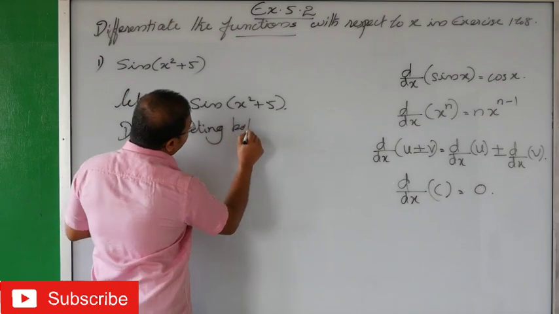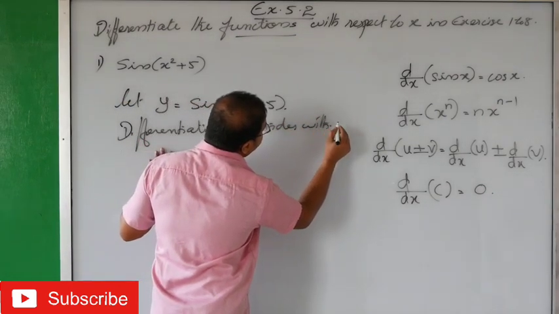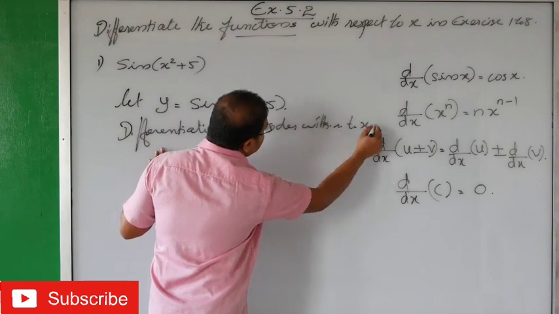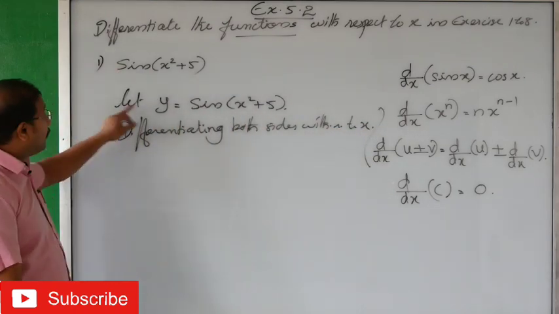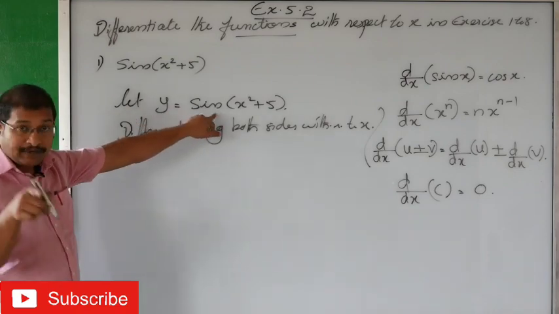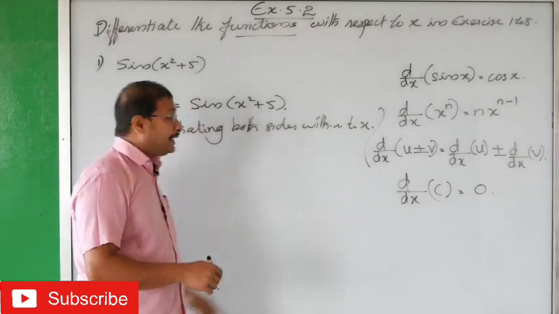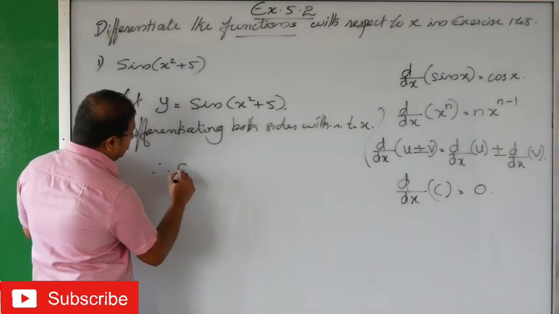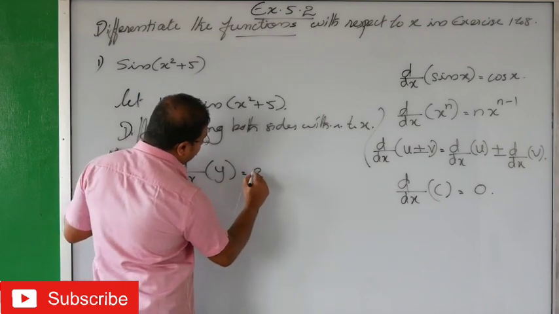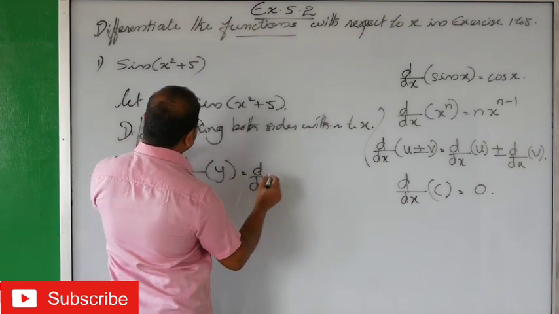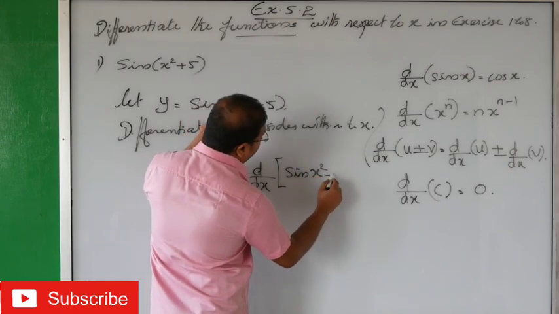After that, differentiating both sides with respect to x. Therefore, derivative of y equals derivative of sin of x square plus 5.